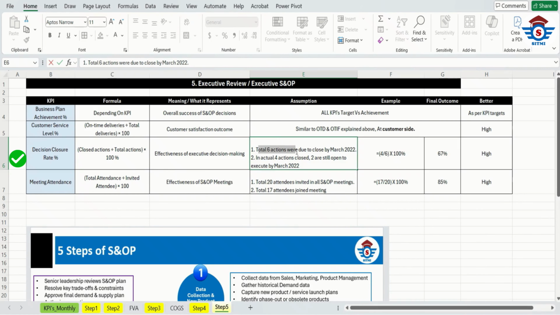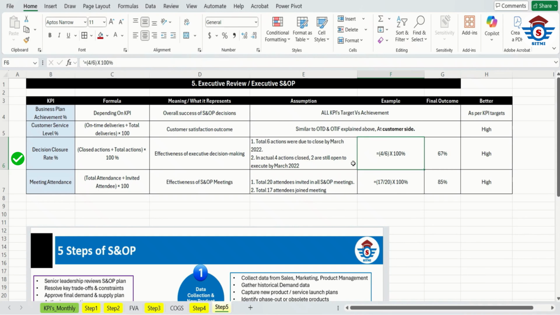Now, let's assume that there were total 6 actions that were due to close in the month of March 2022. But in an actual situation, only 4 actions were closed and 2 actions are still open to be closed by end of March 2022.